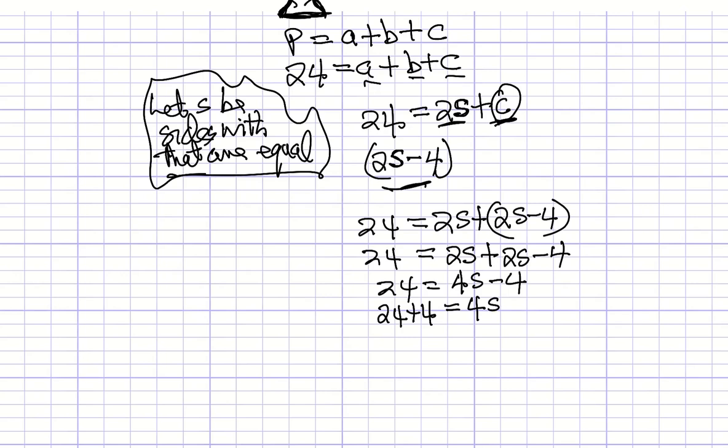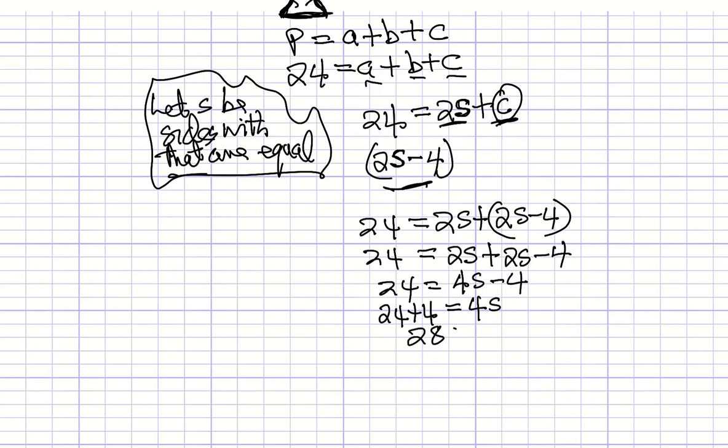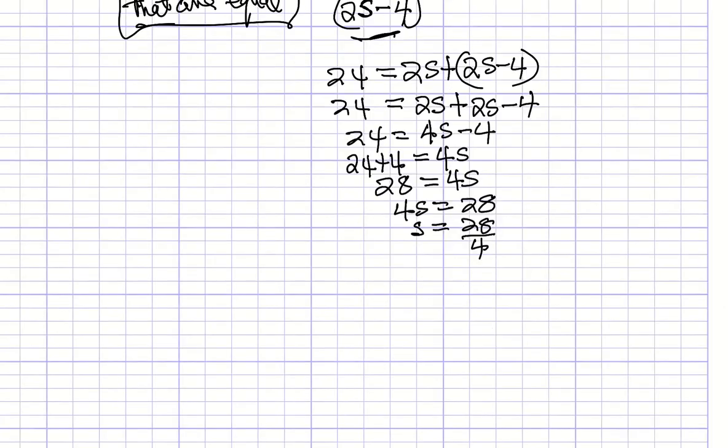That's 28 equals 4s. So s is equal to 28 over 4. 28 divided by 4, you get 7. So s equals 7.